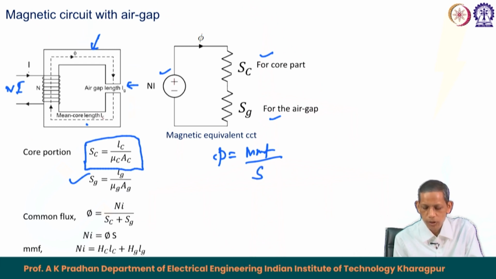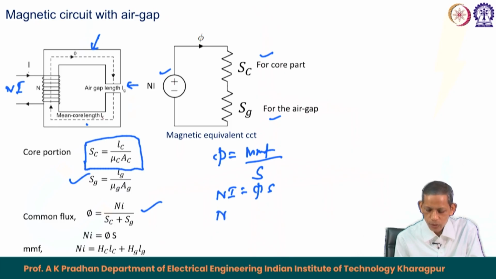So S equals Sc plus Sg, like we do in the series resistance combination. This gives Ni equals phi into S, but we also know that Ni equals HL.